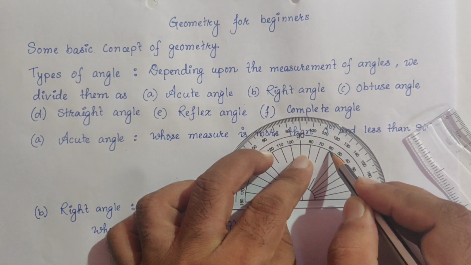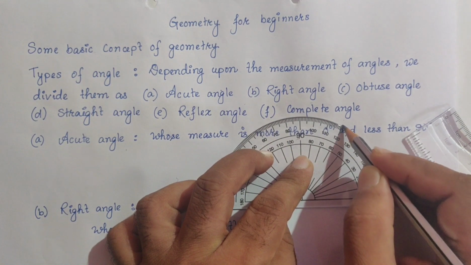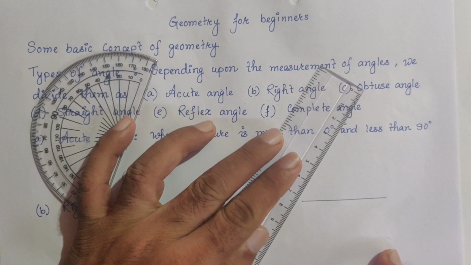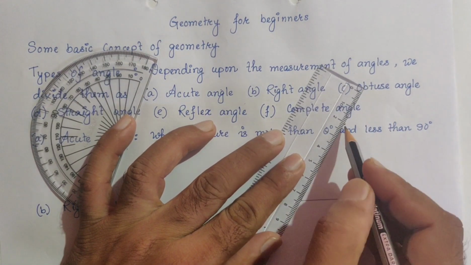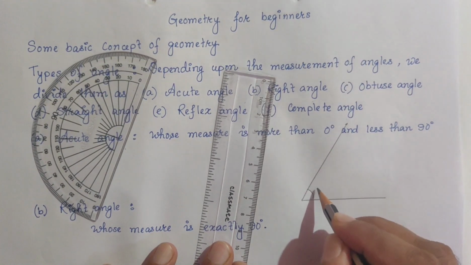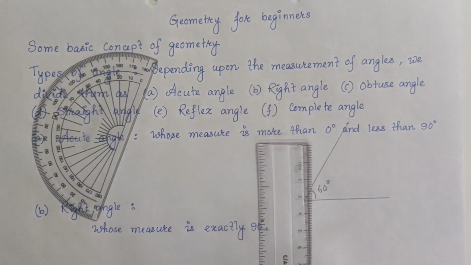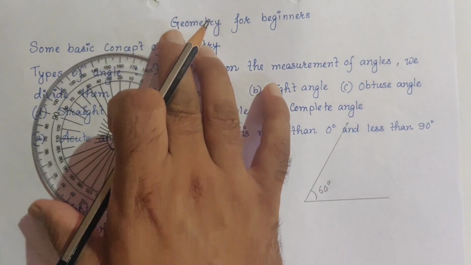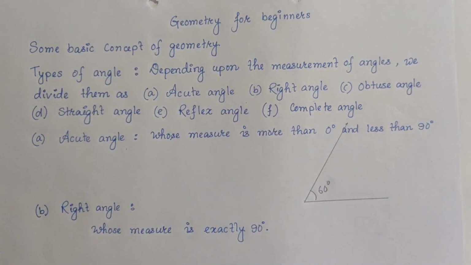Here the 60 degree value is this. Put a mark here. Now join the starting point with this. This has now become an angle of 60 degree. So it is less than 90 degree and more than 0 degree, so it is called an acute angle.